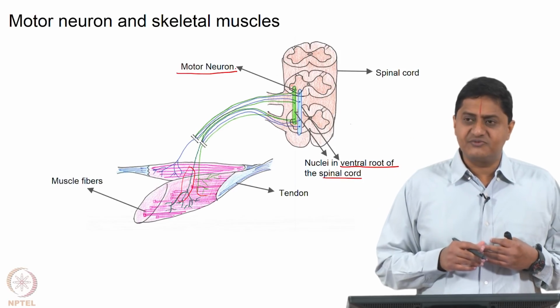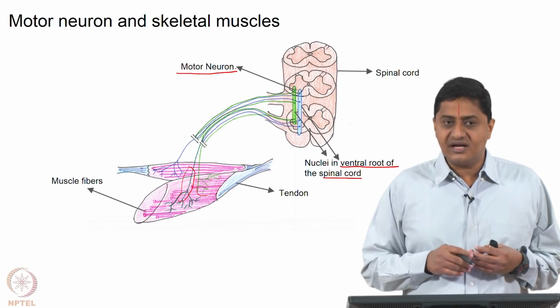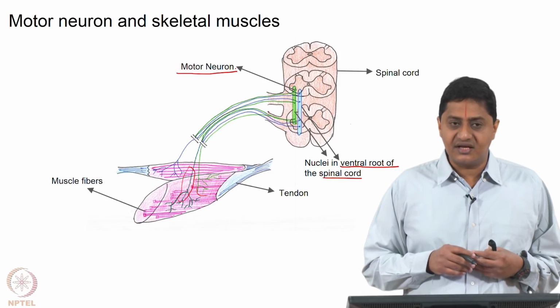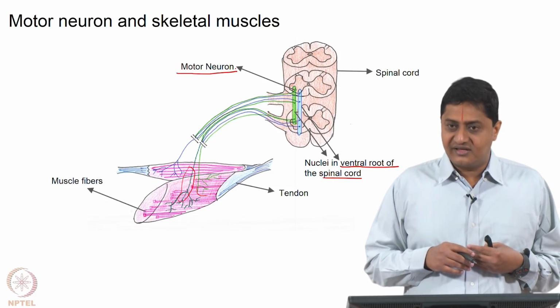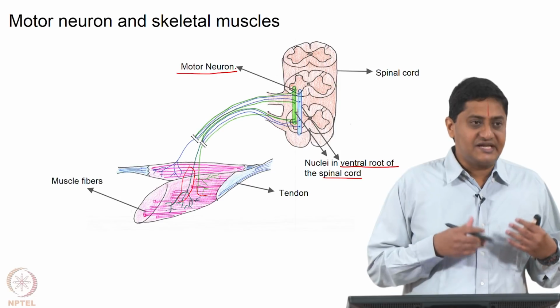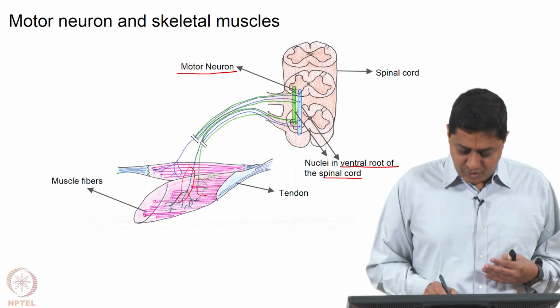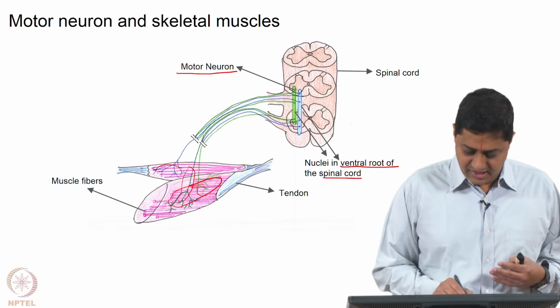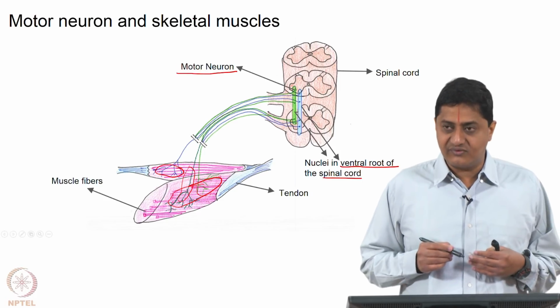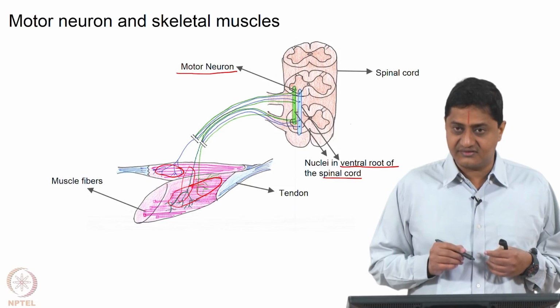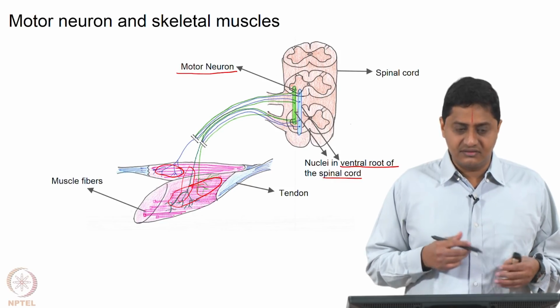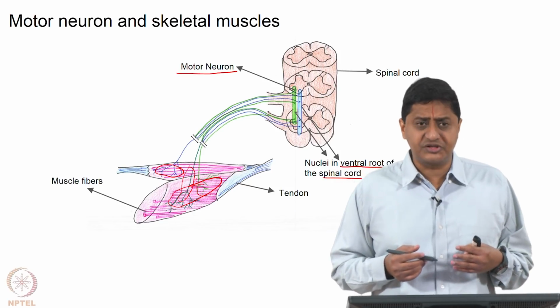Because they are responsible for production of movements, they are the ones that release acetylcholine. When there is an action potential, they release acetylcholine into this neuromuscular junction here. The neuromuscular junctions are all here. When acetylcholine is released in this region, it causes an action potential in the muscle fibers.